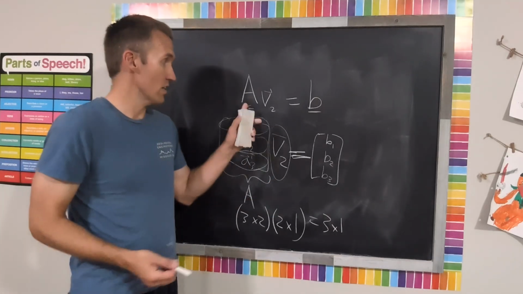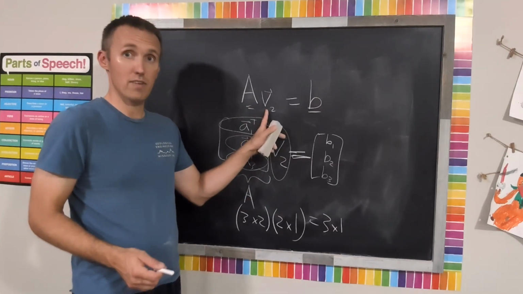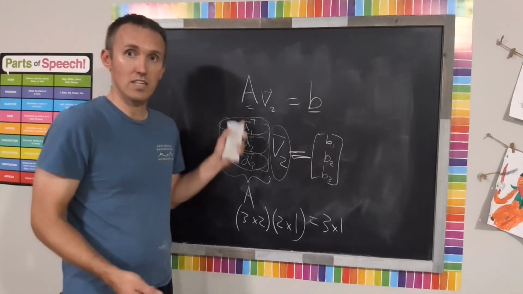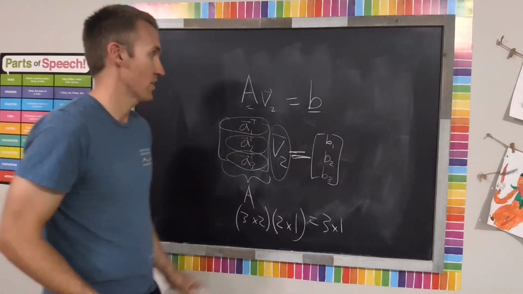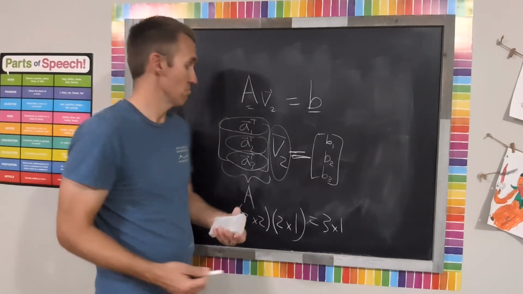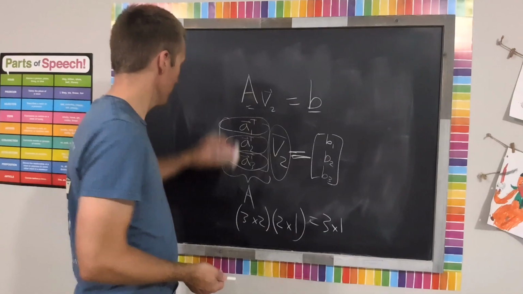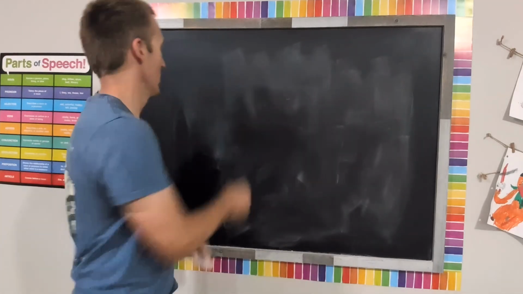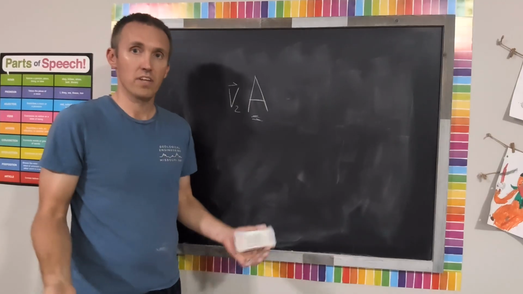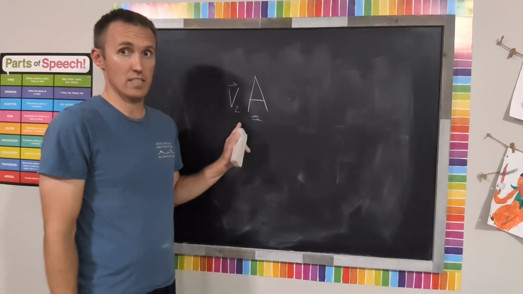Now, you notice I've written this as the matrix times the vector is equal to some other vector, B, which we can calculate by taking those dot products that I just mentioned. What if I tried to say V times A? Let's just do it real quick. Well, first of all, this is not going to work because this is not a row vector.